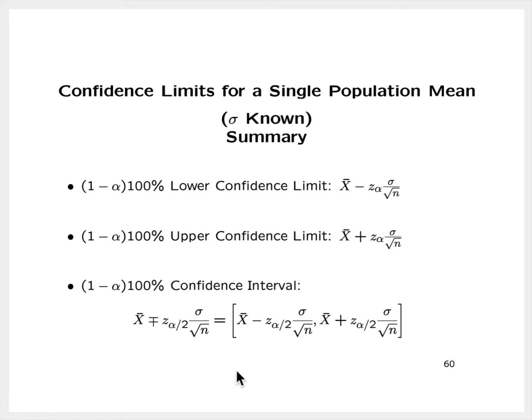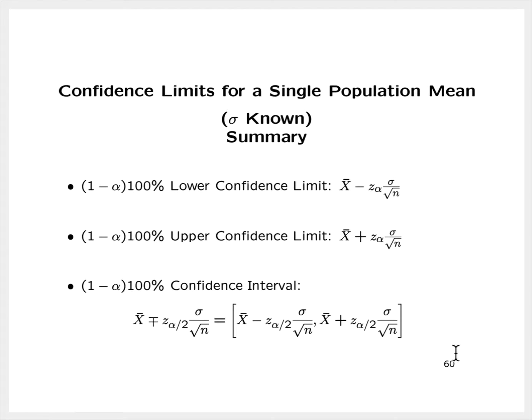Now I would just also point out that notice in the notation here for the lower and upper confidence limits, in the subscript for z, we just have alpha. And this is because we're only constructing in each of these two cases a one-sided confidence interval in the sense that we're only limiting either the lower or upper endpoint of that interval.